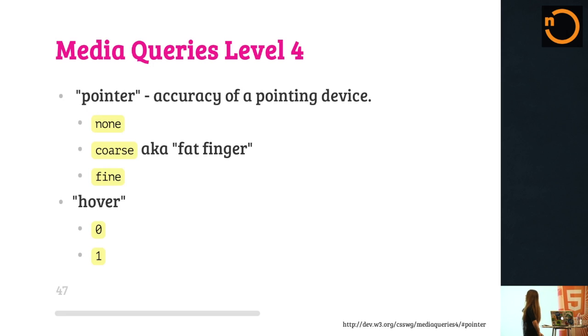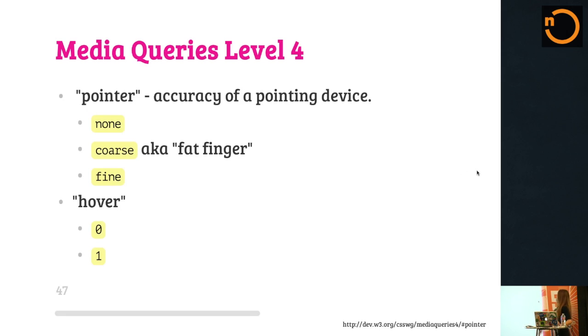But basically, now we get pointer that detects the accuracy of your input device. In coarse and fine, coarse you can guess is pretty much like a touch screen, people dealing with fat fingers, right? This finger. And fine is a mouse or maybe a stylus.